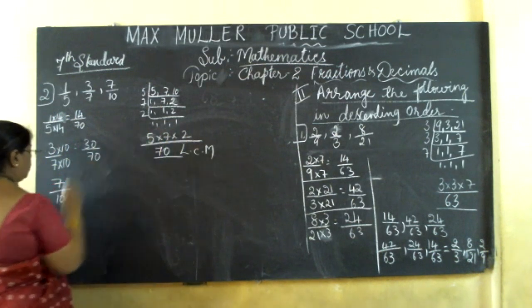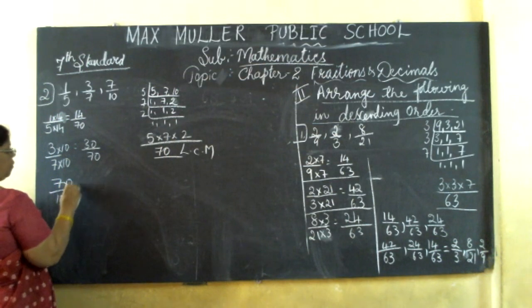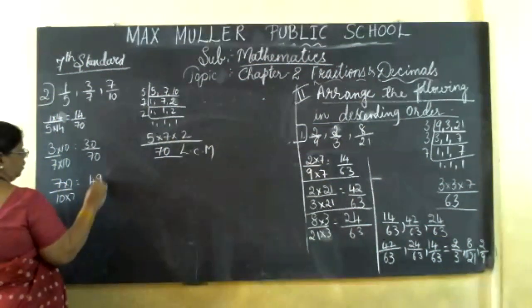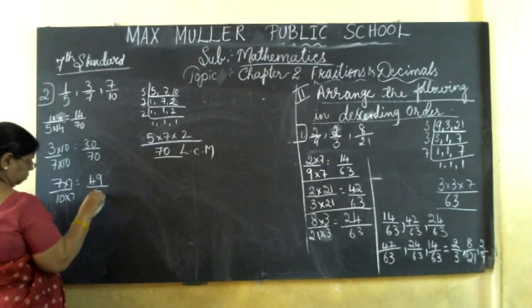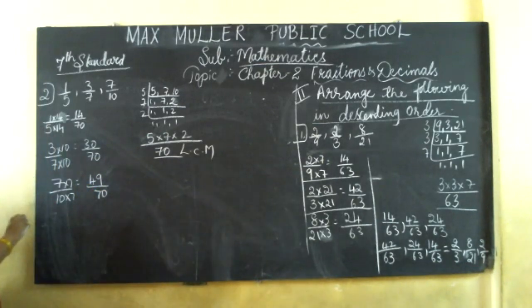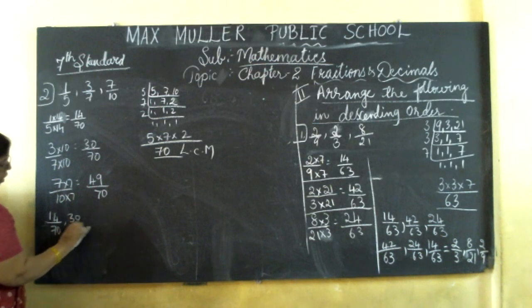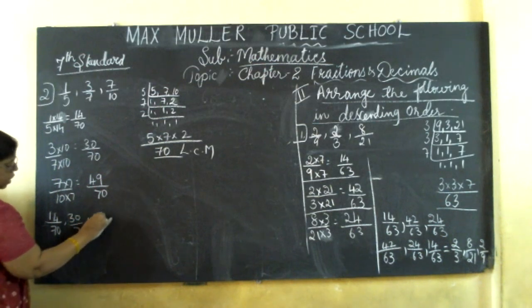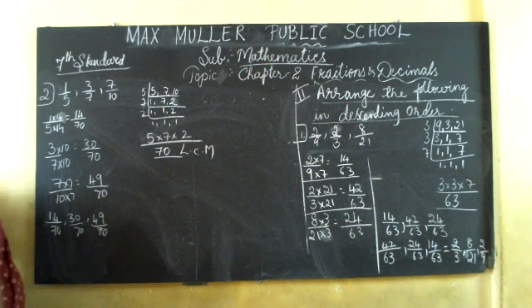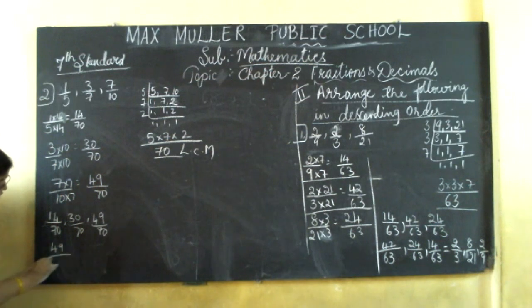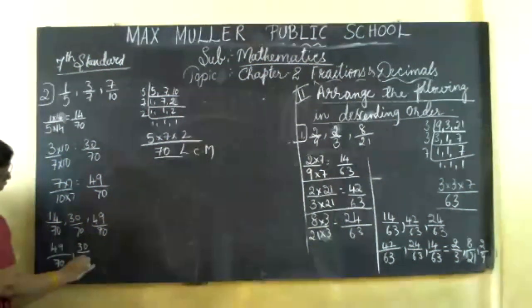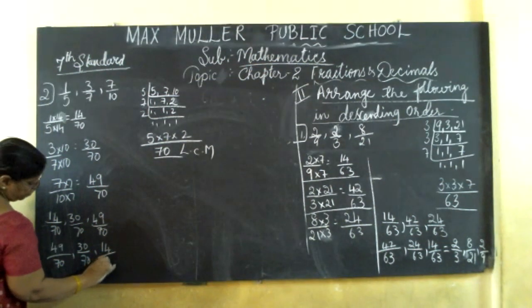So 5 twos are 10, into 7, into 7. 7 sevens are 49. Okay. So I'll write here 14 by 70, 30 by 70, and 49 by 70. So bigger to smaller, 49 by 70, 30 by 70, then 14 by 70.